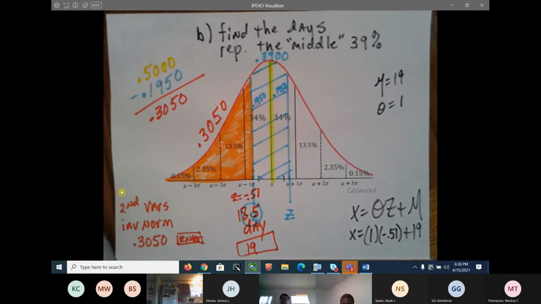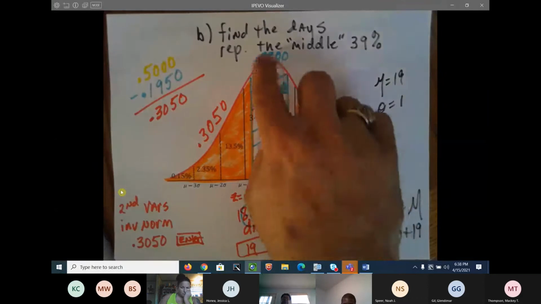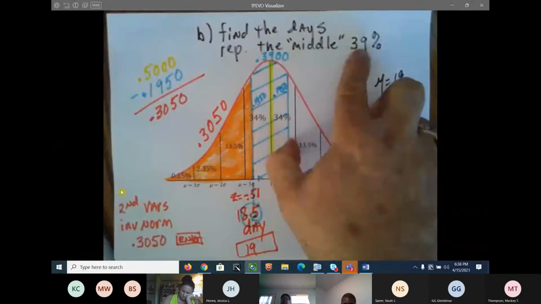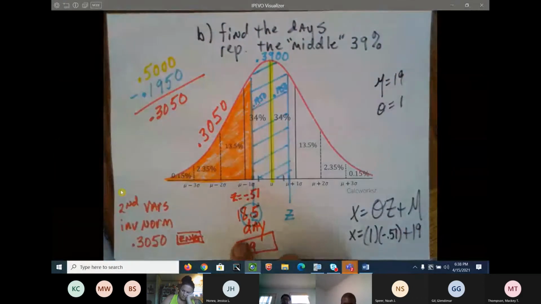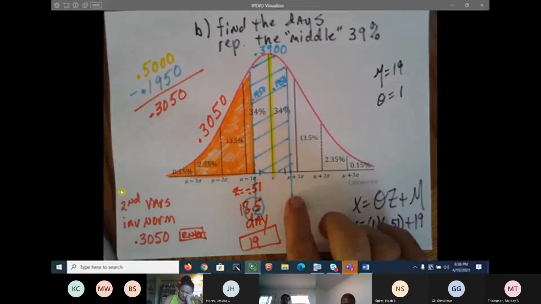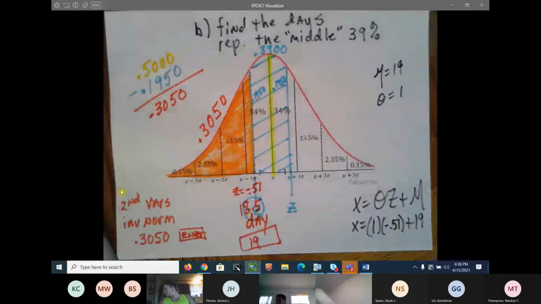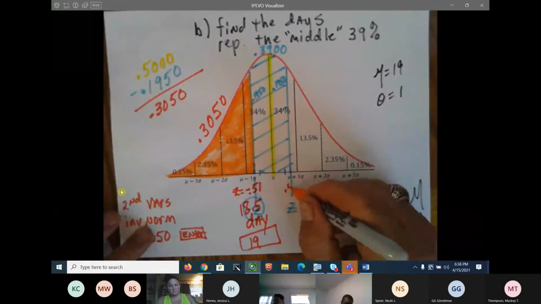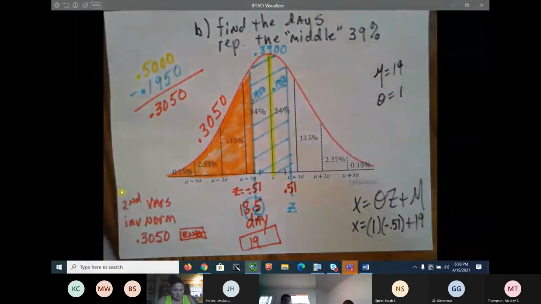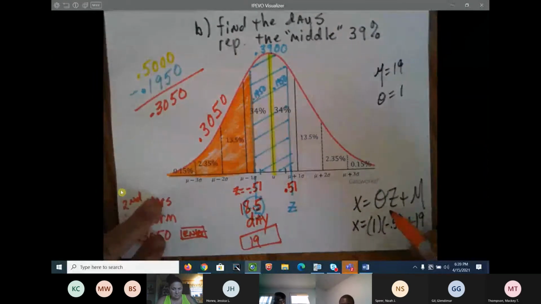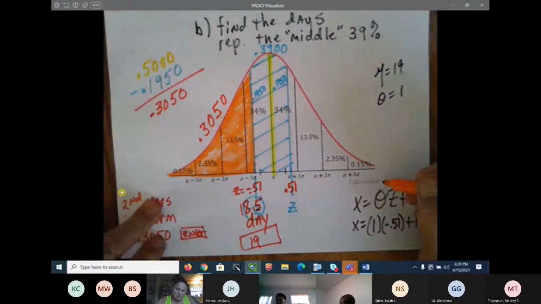Okay? So, how many days represent the middle 39%? 19 days, and this is going to be positive 0.51. Now, you take oz plus mu.